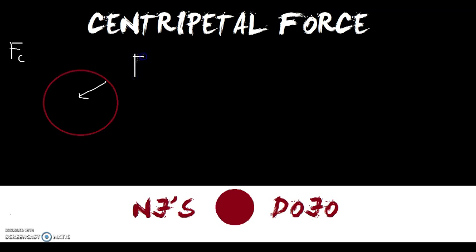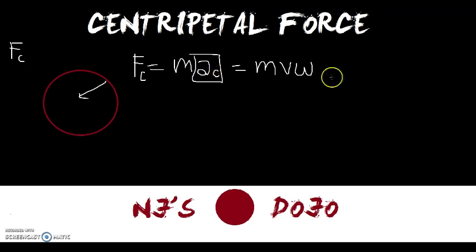So basically we know that centripetal force is equal to the mass times the centripetal acceleration. We can also define it as mass times velocity times angular velocity from the definition given by centripetal acceleration.